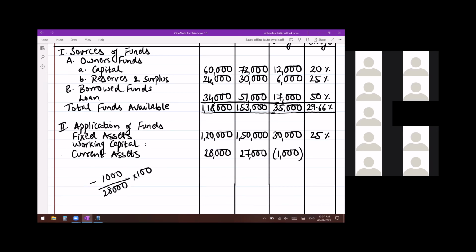Calculate and tell me in terms of percentage what is happening. Minus 3.57%. Okay. So write 3.57% and put it in a bracket. That indicates minus 3.57. Please check, is everybody getting the same percentage?